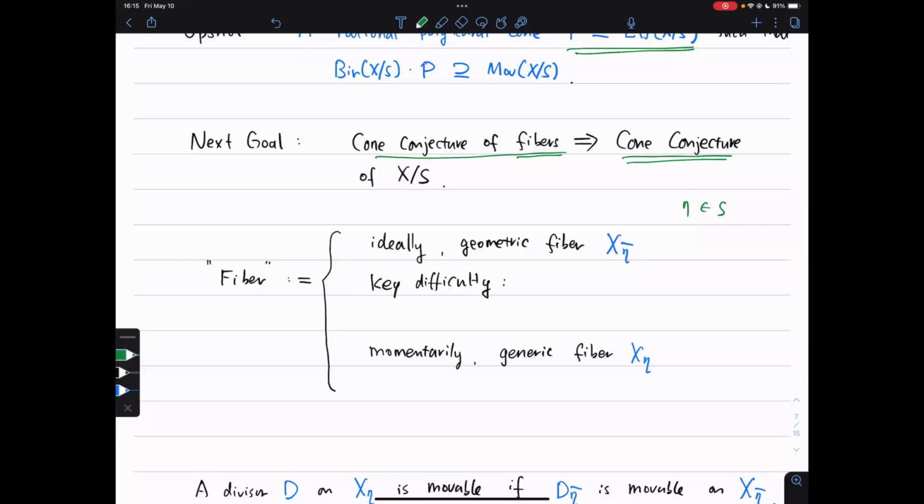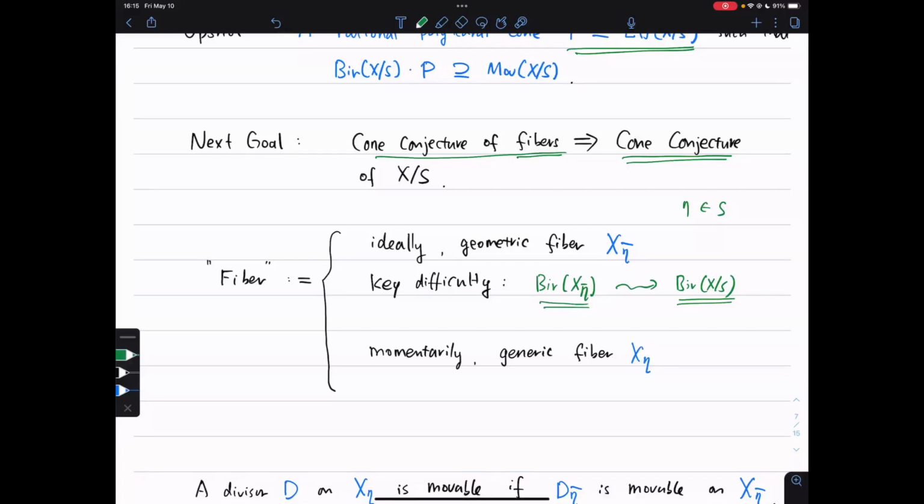The problem is the connection, we cannot get, I mean, it's not very clear. It's clear to get how the birational group. Let me put this way. So theoretically, we know how to get the birational group from the geometric fiber.